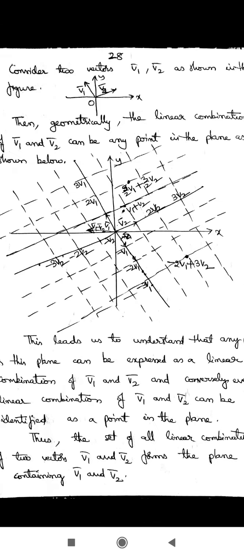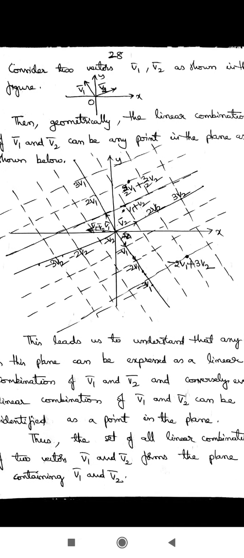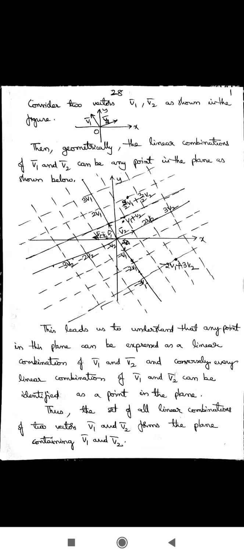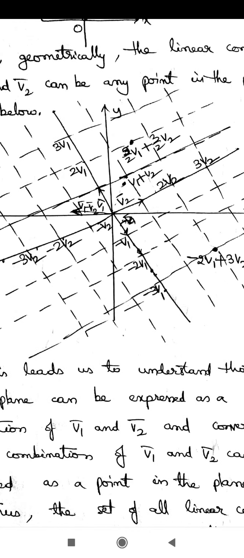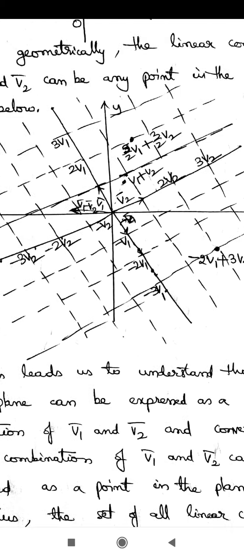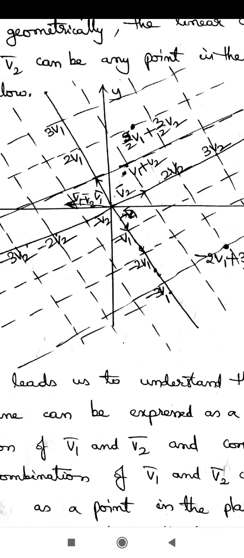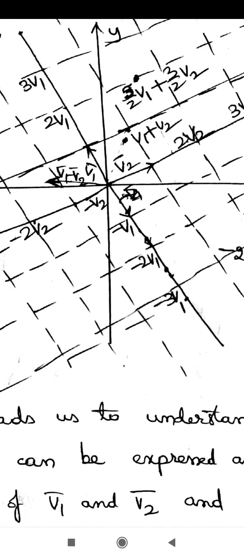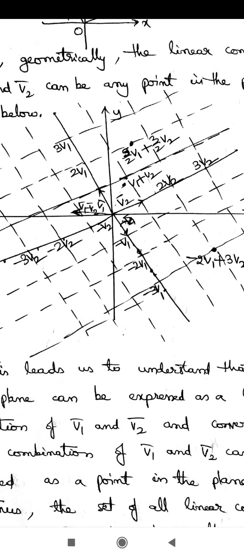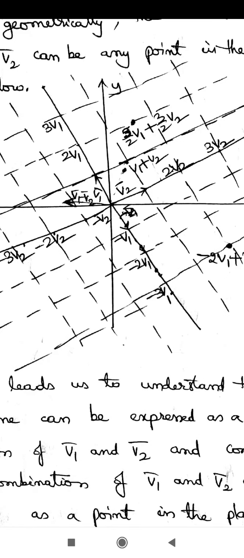Such linear combinations, how can we see in this figure? Let us see. Geometrically, the linear combinations of v1 and v2 can be any point in the plane as shown in this figure. What is that point and how can we identify them? See, I have taken v2 in the first quadrant and v1 in the second quadrant as shown above.